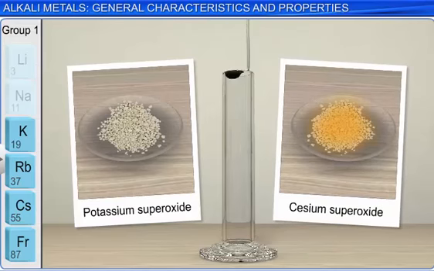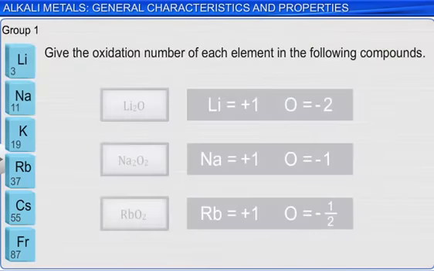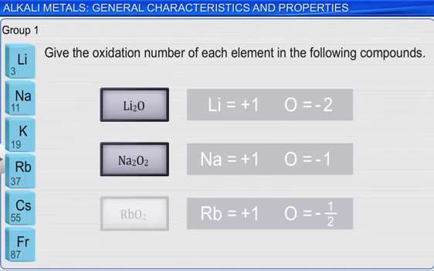Let's try some problem solving. What is the oxidation number of each element in the compounds? Lithium oxide, sodium peroxide, and rubidium superoxide. Recall that the sum of the oxidation numbers must be 0 for a neutral compound.